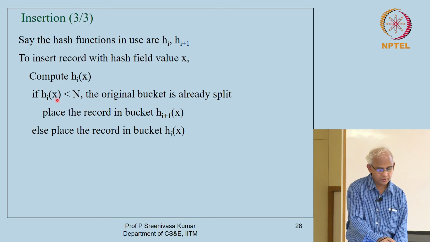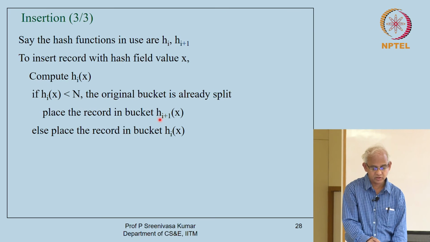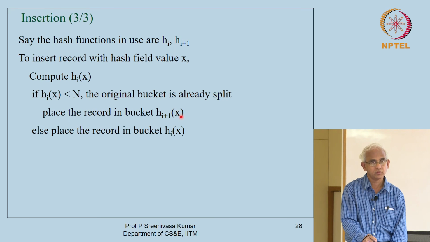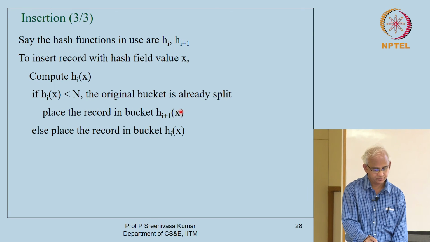So we place the record in the bucket given by h_{i+1}(x). Apply h_{i+1} to the field value and you will get a bucket number, either the original k or its split image m′ + k, and then place the record there.